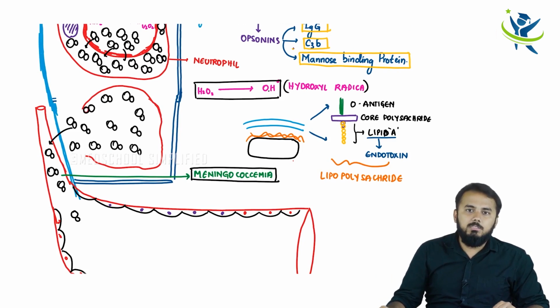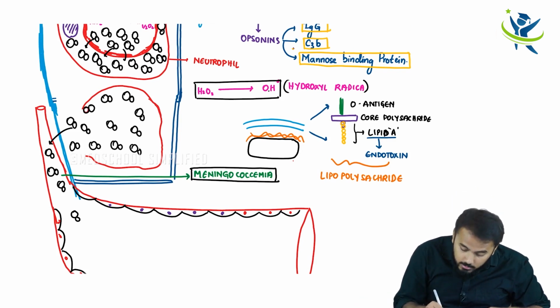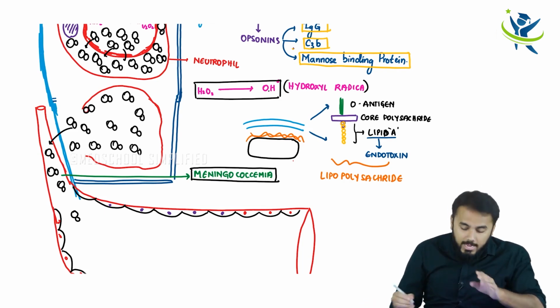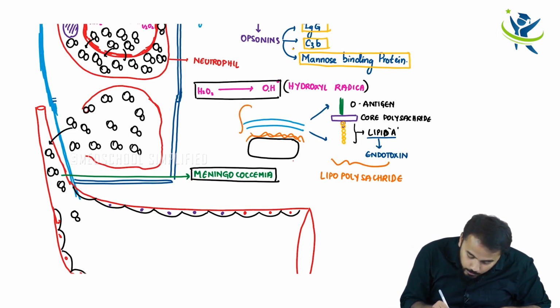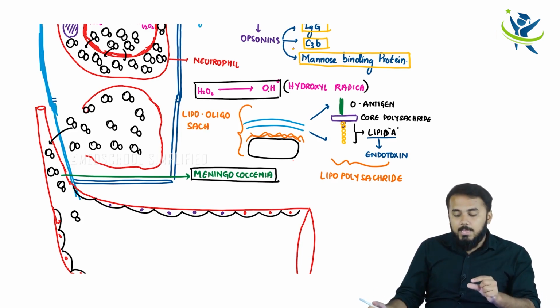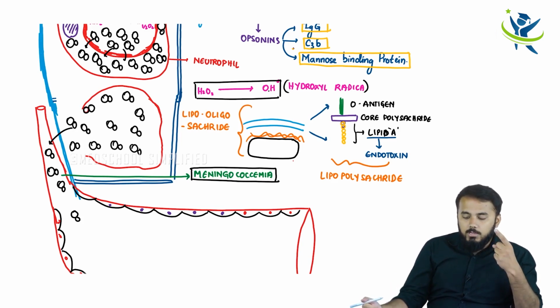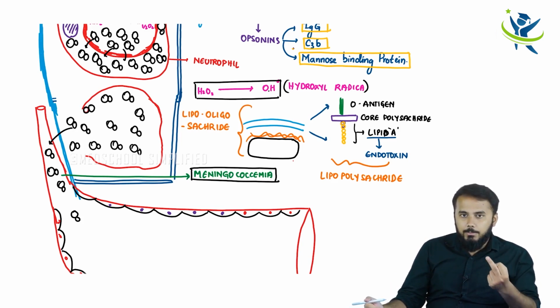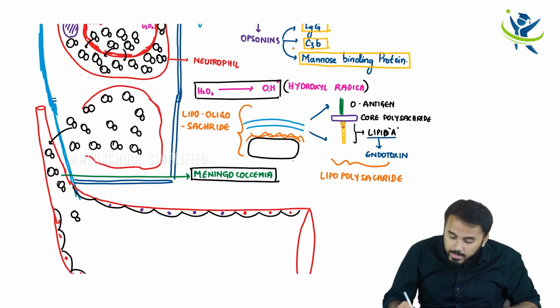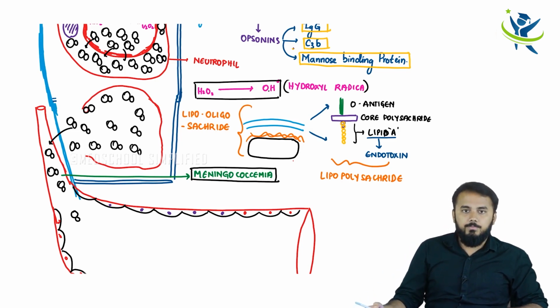So when O antigen is absent, I am not calling it lipopolysaccharide, but lipo-oligosaccharide. Within this lipo-oligosaccharide, I have two components: core polysaccharide and lipid A. From this lipid A, my endotoxin is released.